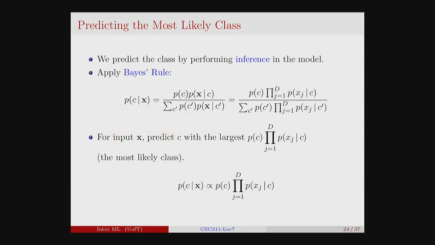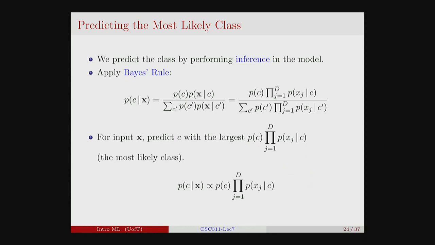We're just going to predict the class label C that has the highest product. So we multiply P of C times the product of P of Xj given C, for both C equal to 1 and C equal to 0, and we'll predict C as the one that has the higher number.